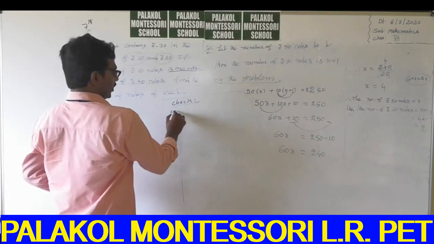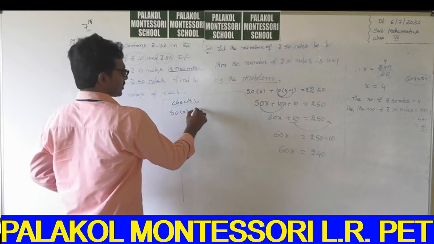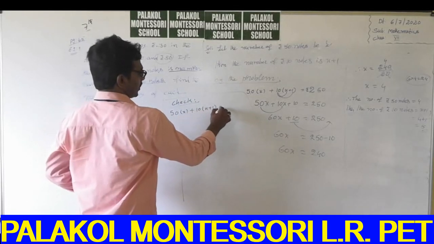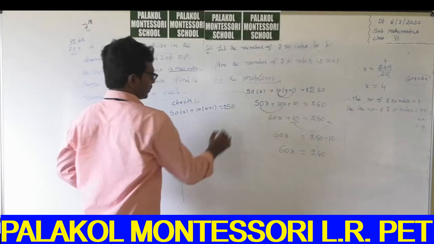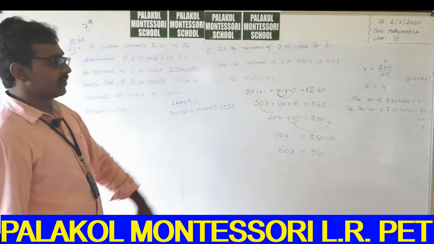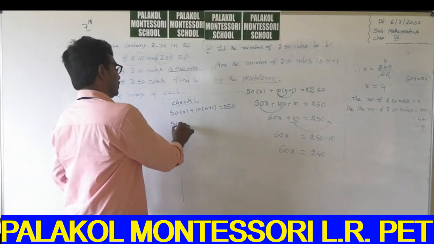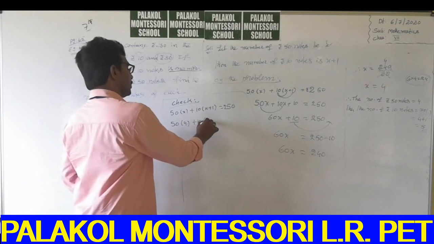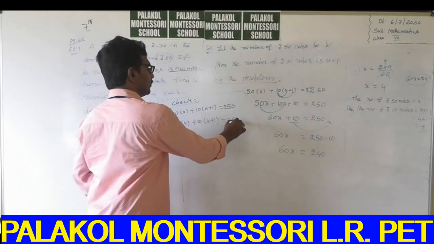See, 50 of x plus 10 of x plus 1 is equal to 250. We put x equal to 4 in this equation: 50 of 4 plus 10 of 4 plus 1 is equal to 250.